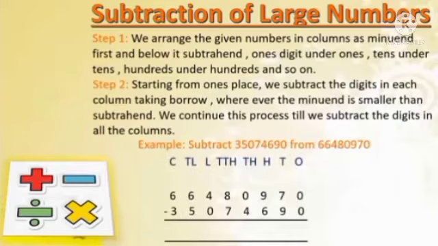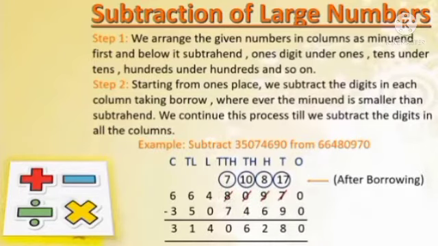After arranging the numbers in columns, let us start subtracting from ones place. 0 minus 0 is equal to 0. Now at tens place, 7 minus 9 is not possible. So we will borrow from hundreds place, and now it is 17 minus 9 is equal to 8. At hundreds place, the number left is 8.